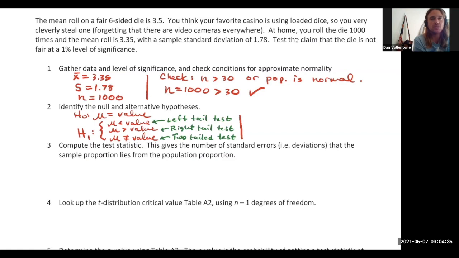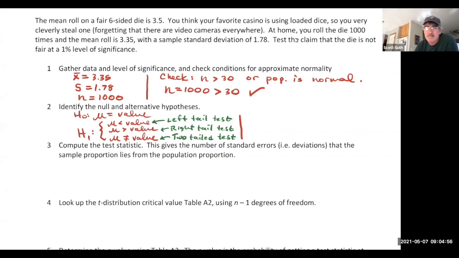Is that the case? To be honest with you, the way the problem is posed is that you've decided to try to prove that the die is loaded. So initially you don't have a sense about whether it would come out larger or smaller than 3.5.